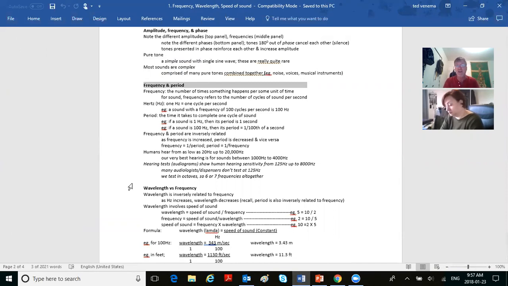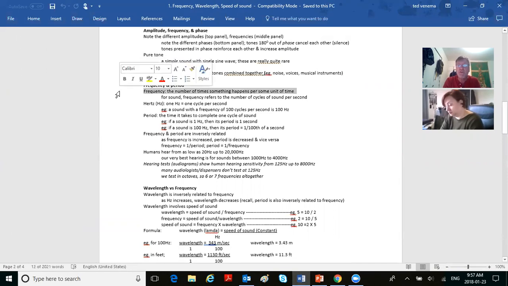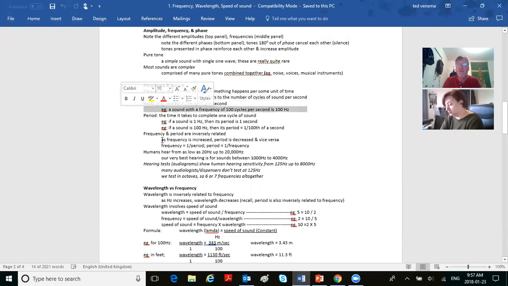Period first. Time. Frequency, the number of times something happens per some unit of time. For sound, frequency refers to the number of cycles per second. Hertz, Hz, 1 hertz, 1 cycle per second. For example, a sound with a frequency of 100 cycles per second is 100 hertz.